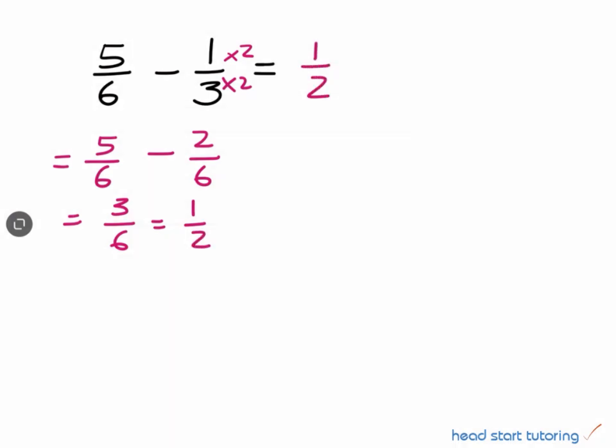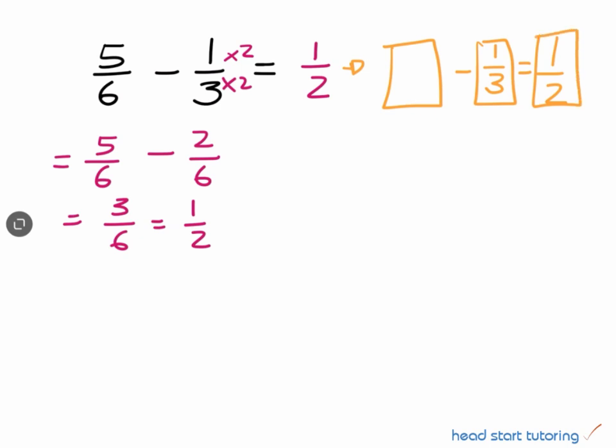Now, if we were asked over here, what number or fraction do I minus from 1/3 to get a half? All we need to do is add 1/3 and a half together, and we should get an answer of 5/6.